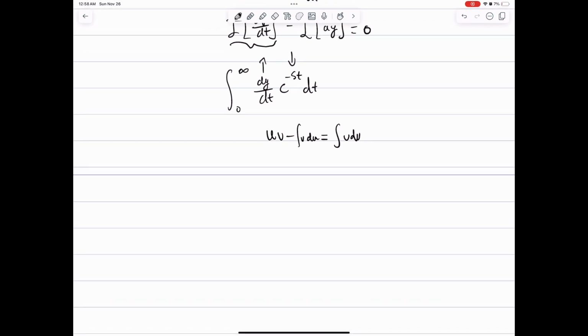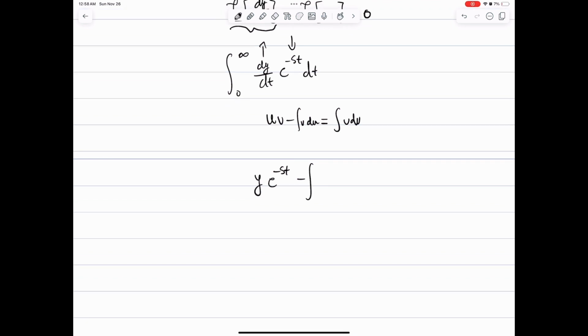So that's just going to be y times e to the negative st, minus the integral of y times negative s e to the negative st dt.